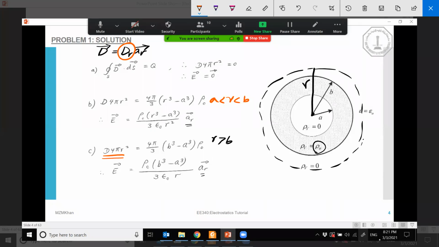This is equal to the right-hand side. Let's see the right-hand side. Let's see what the region is here. The region enclosed in this Gaussian surface is this complete yellow region. Now we need to find the charge enclosed in this region.